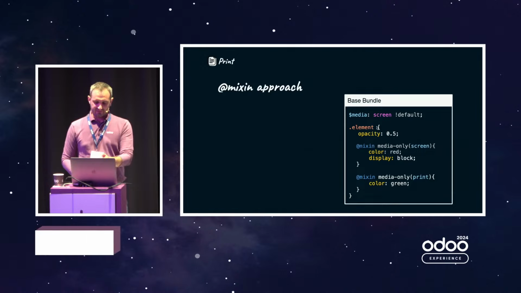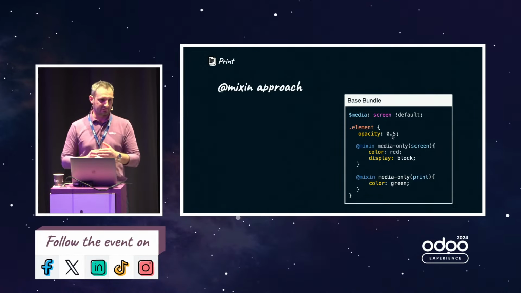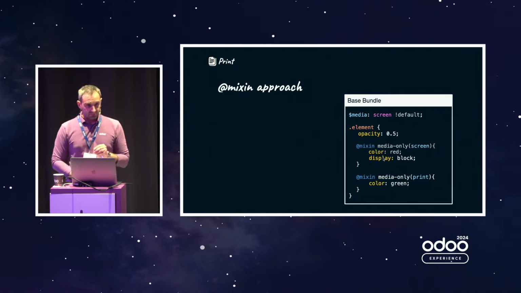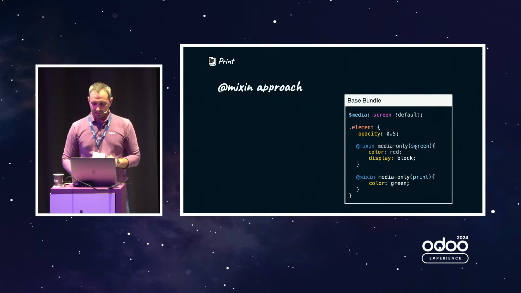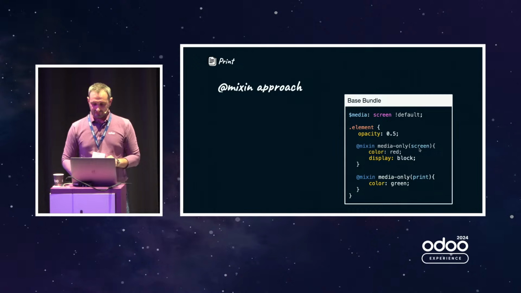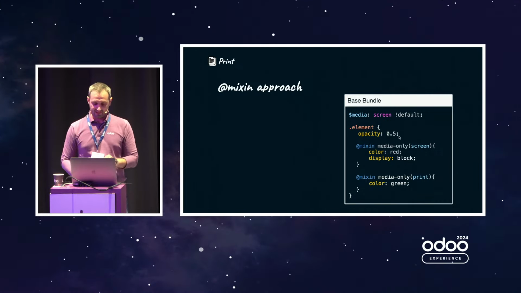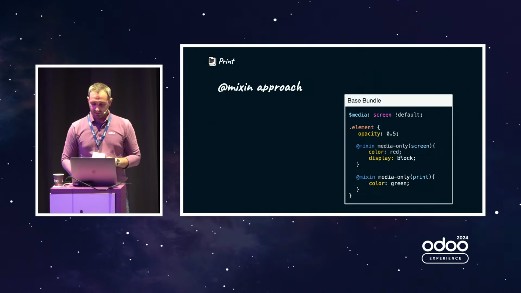When we enter the selector of the element, we have a first opacity rule that is valid for any media type, and then we have our mixin. What this mixin does is check if the screen attribute is equal to the current value of media, and if it's the case, it will output the following rules.